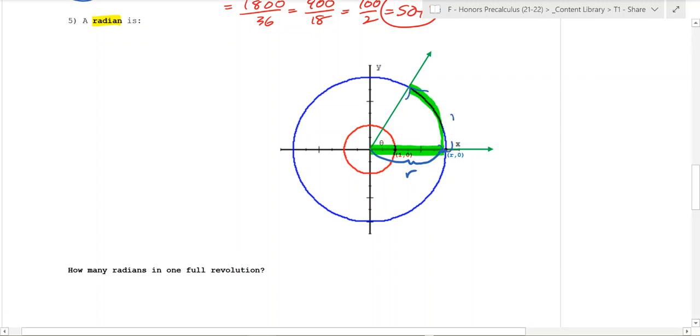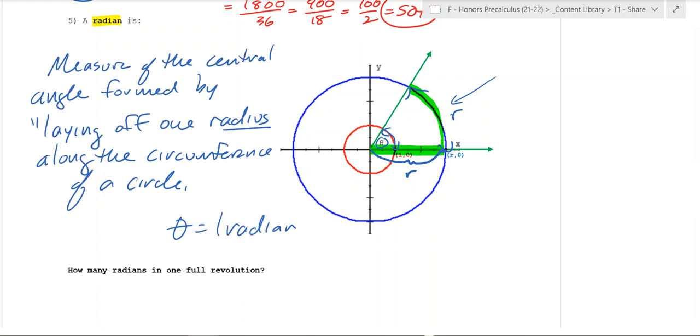If we make this distance equal to the radius, this angle measure that's created is called 1 radian. So the amount of the circle you get by placing the r onto the edge of the circle is equal to 1 radian in angle measure. So the way you would say that is the measure of the central angle formed by, quote, laying off, which is putting that radius along the circumference of a circle.